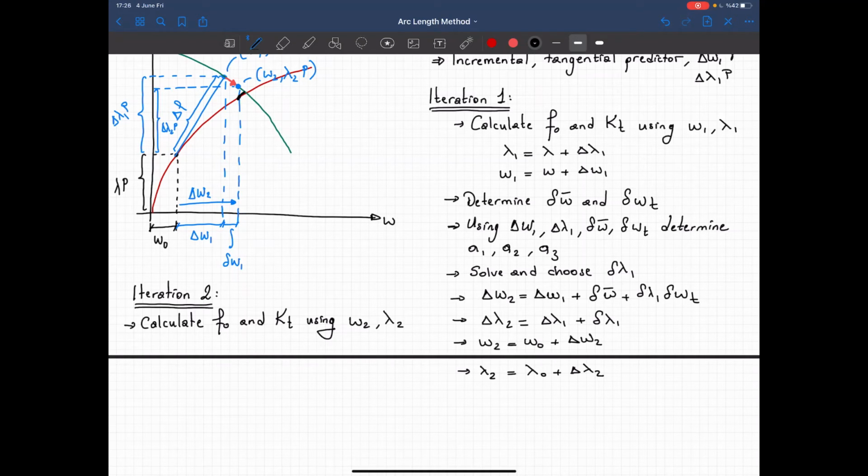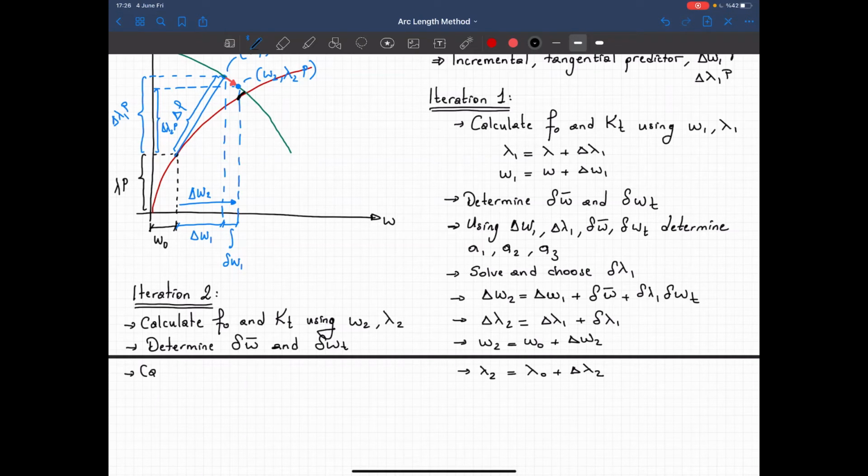Then again, let's use the same wording: determine W hat and WT.